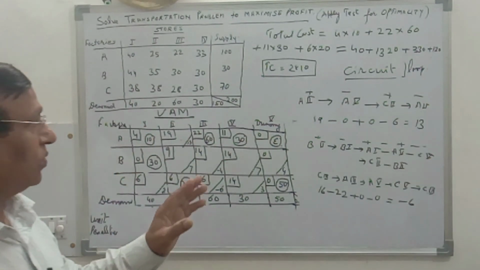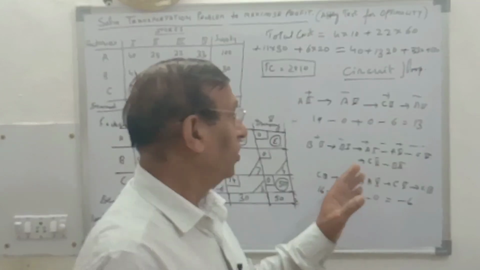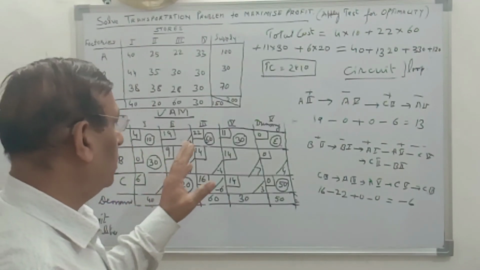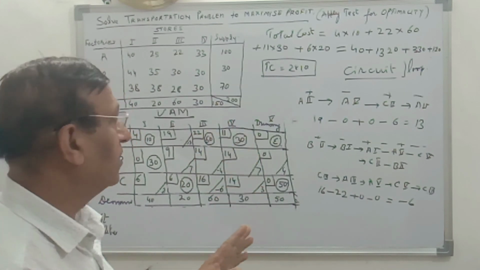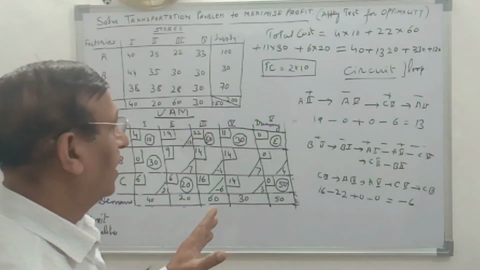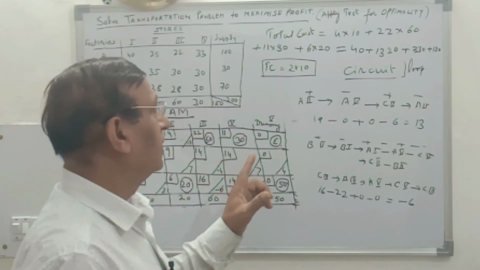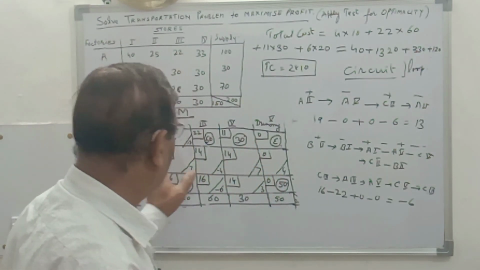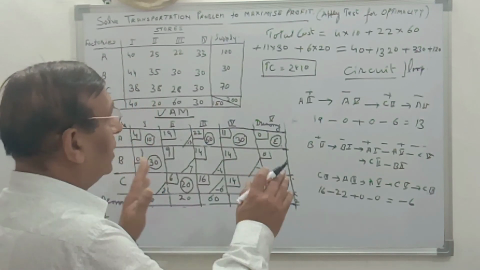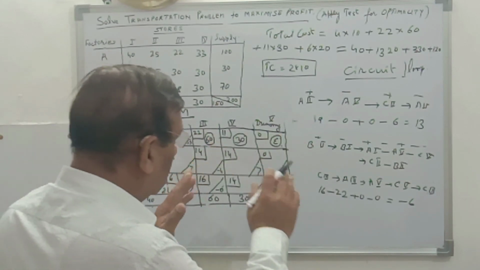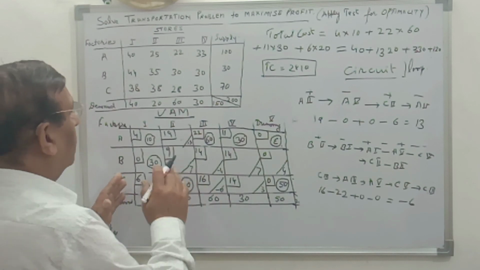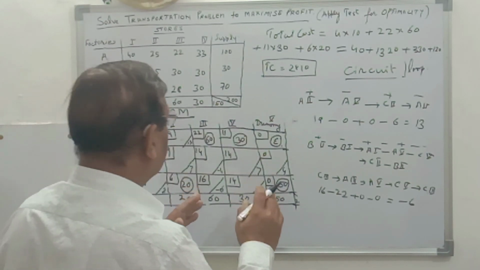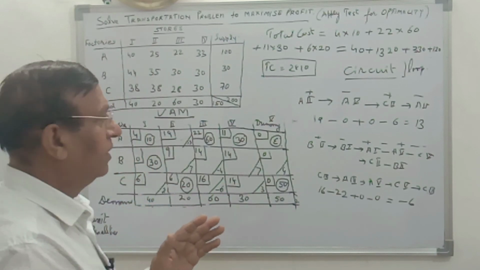In the stepping stone method, you have to calculate the opportunity cost of all the blank cells. And the technique is by drawing the circuit, or loop, or you can say closed circuit, from the blank cell to the turning points of the occupied cells and coming back.